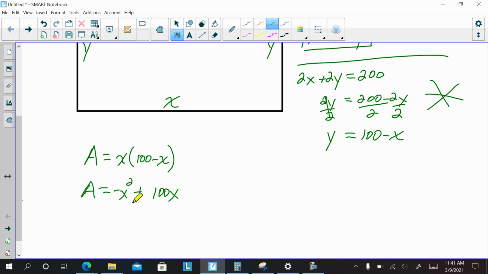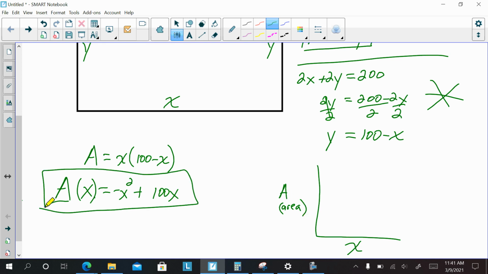So that's going to be a function of x. X is our input variable, and what we get when we plug x in is area. If we were to graph this, x would be our horizontal variable, and A, which stands for area, would be our vertical. So we're looking for this function, what is the most area we can produce?